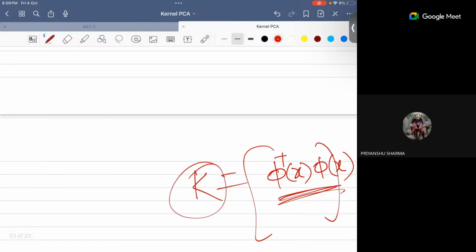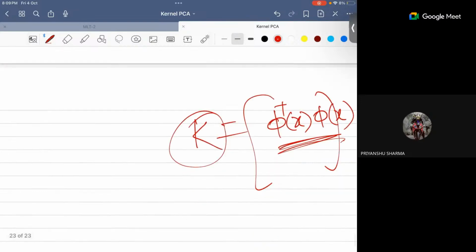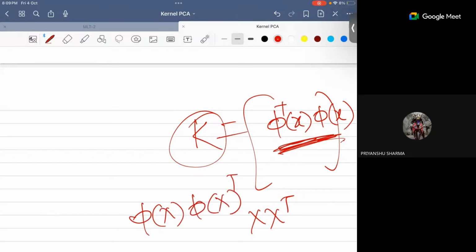So now after getting this matrix, as we all know, if you have to apply the PCA, you just need the best eigenvectors where the variance is maximum, right? But you need them not for this matrix, you need them for x x transpose, that means phi of x, phi of x transpose. Correct.